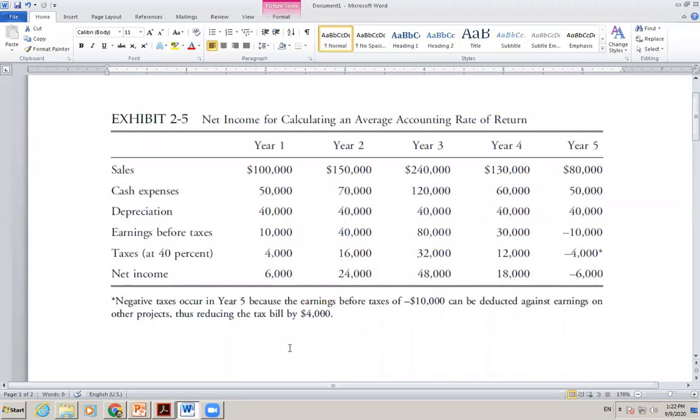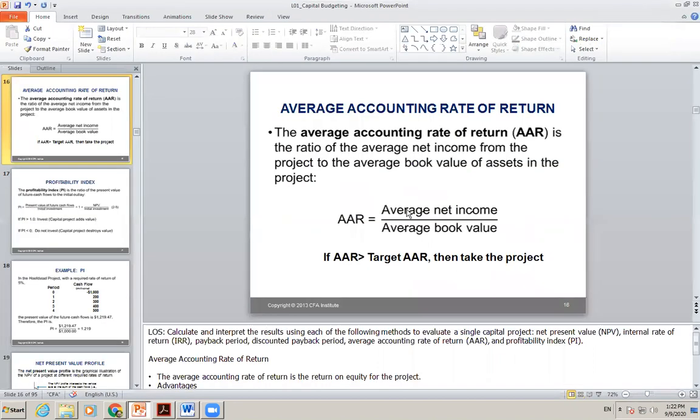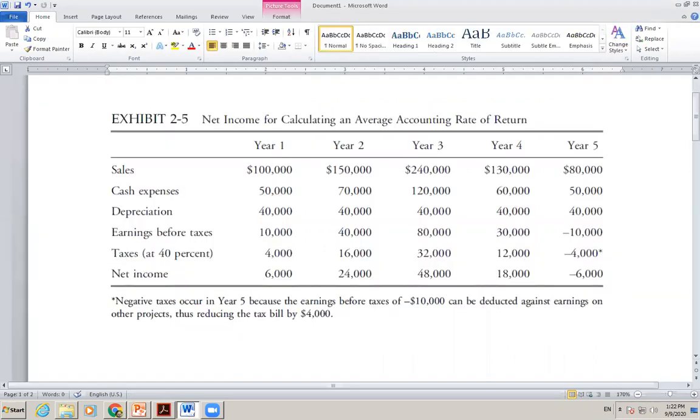According to the formula, you should take the average of all the net incomes and divide by the average book value. A negative tax occurs in year 5, EBT is minus 10,000, deducted against the earnings, and the project net income reduces to minus 6,000.